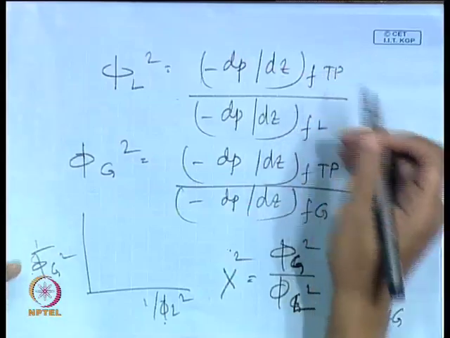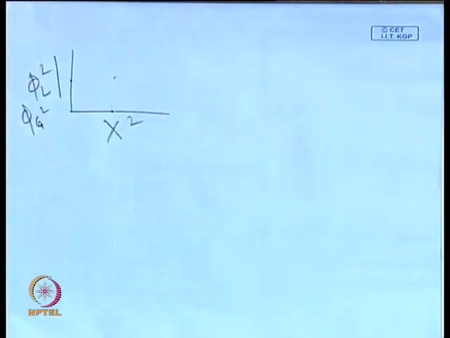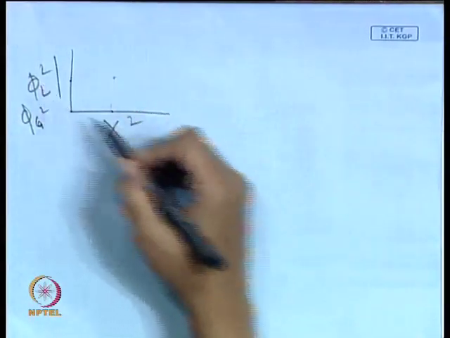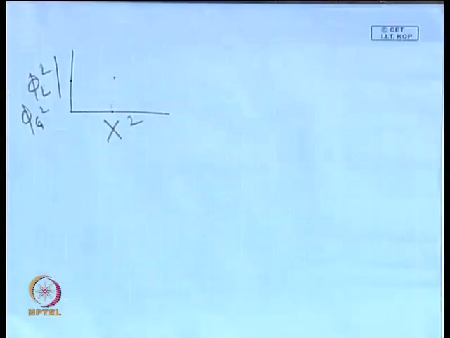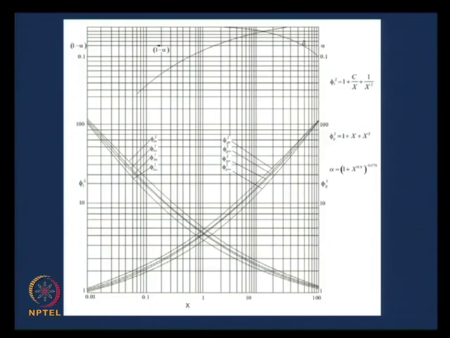Clear to all of you? So the next attempts were made to correlate not phi L square and phi g square, but to correlate phi L square or phi g square with x square, where x square is known as the Lockhart-Martinelli parameter. Agreed. So the graphical correlation I already have, this is the graphical correlation. If you see, this correlates phi L square with x square, these are the graphs here.